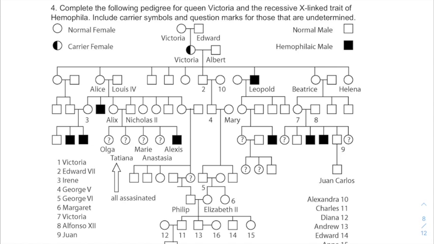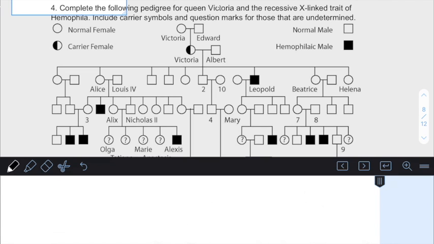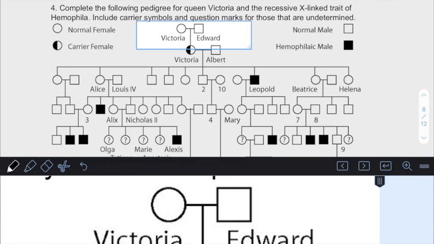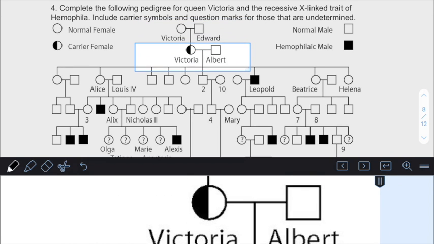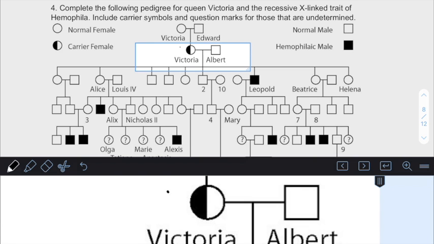We can see that we have some known conditions, like we know that Queen Victoria was a carrier for hemophilia. Since we have identified the hemophiliacs by the shaded squares, we can work backwards and figure out, well, if Edward was not a hemophiliac, then where did Victoria's X hemophilia gene come from?